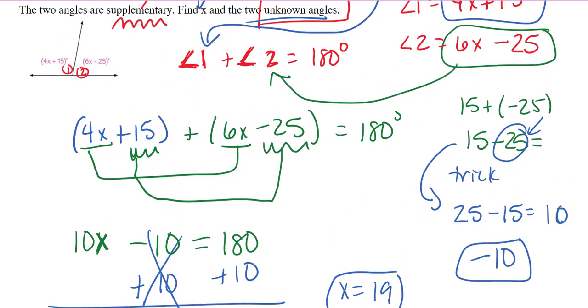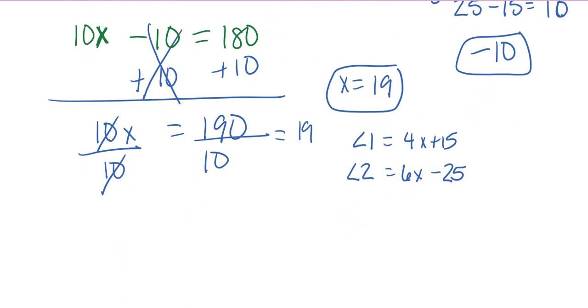Just make sure I did that right. Perfect. Since x is equal to 19, we substitute that in every time we see x. So we get 4 times 19 plus 15, and then 6 times 19 minus 25.